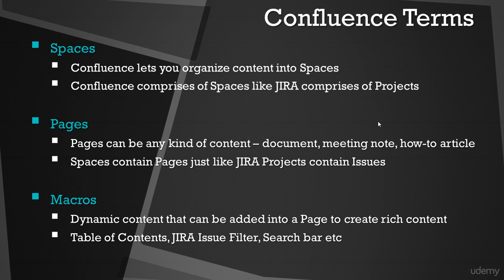So something like table of contents would be a macro. You select the table of contents macro and add it onto the page, and it automatically sets it up based on the headings and content you have on the page. Similarly, you can have a macro that displays a JIRA issue filter, which basically lists all the issues returned by a specific JQL query and displays it on the page in a table format. So these macros are pretty powerful elements of Confluence by which you can create rich and dynamic content.